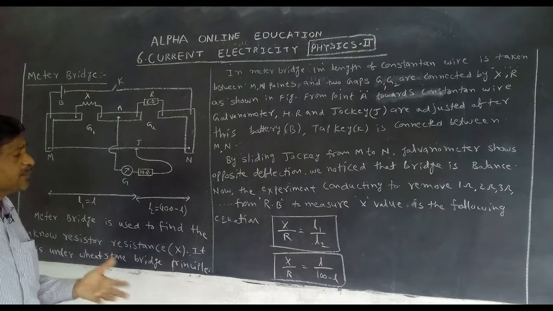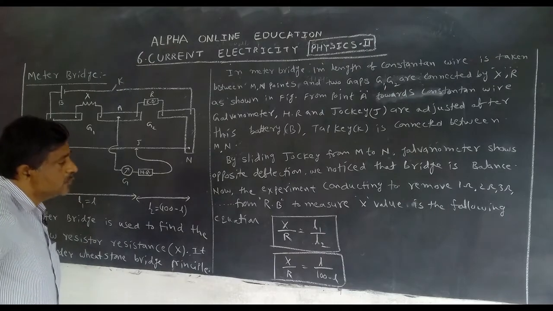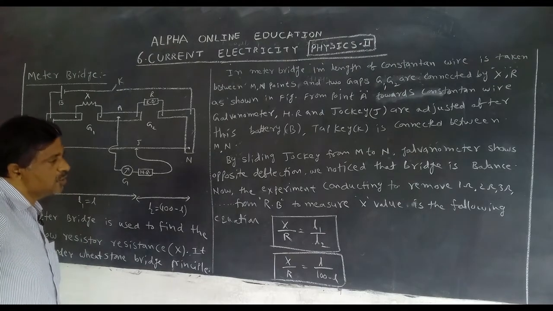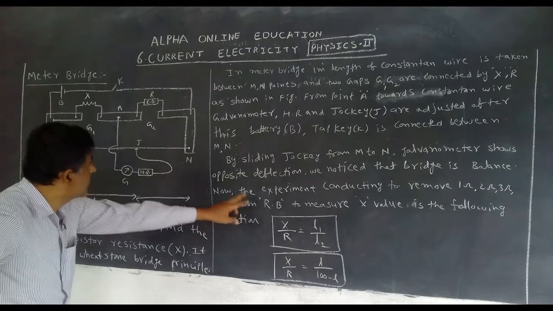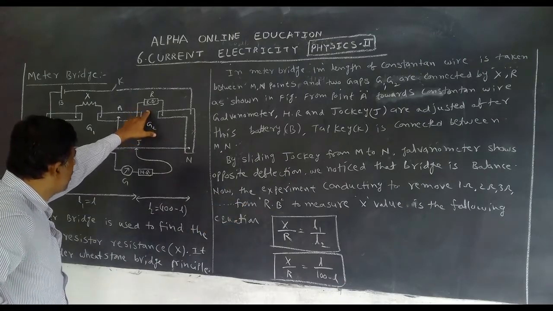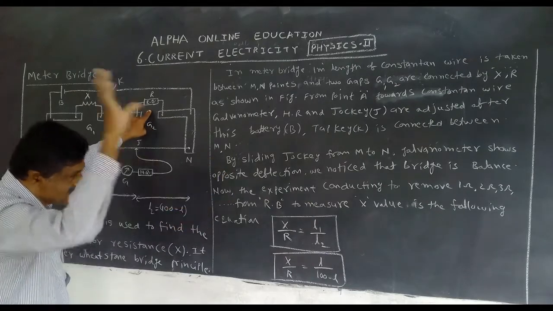Now the experiment is conducted. The experiment is conducted by removing 1 ohm, 2 ohm, 3 ohm and so on from RB, the resistance box. From this, first we remove 1 ohm resistance.